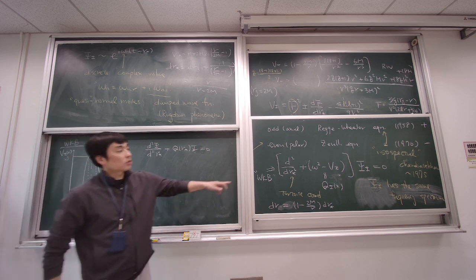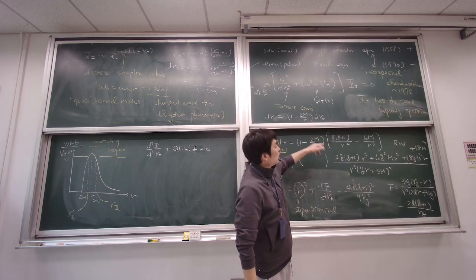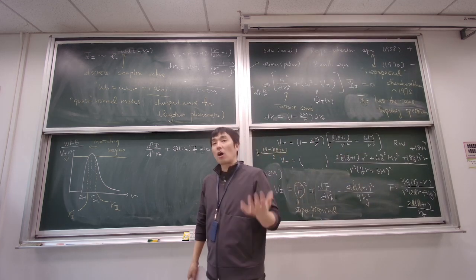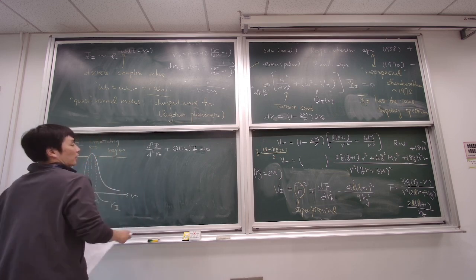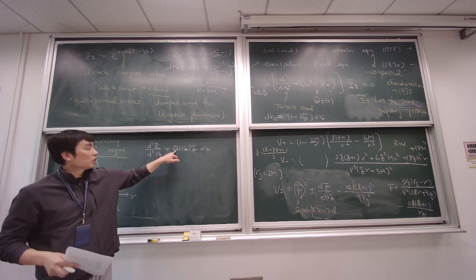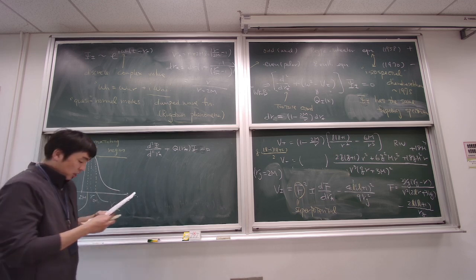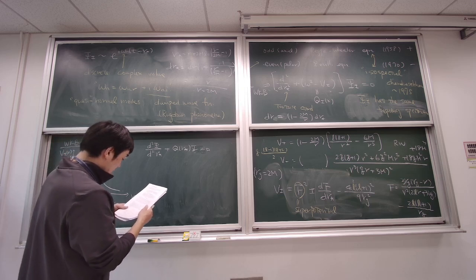Even though I wrote q plus minus as a function of r, it's free to change from r to r star. Of course the function will change, but I just write down such a function as q of r star.